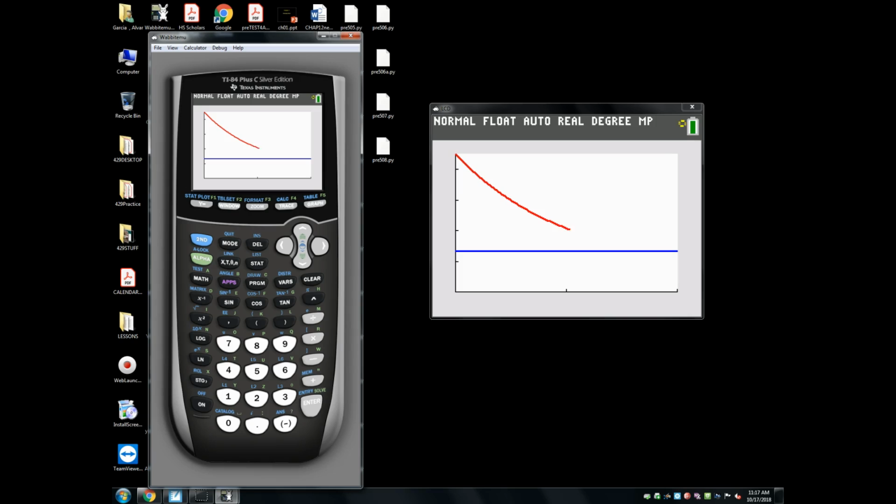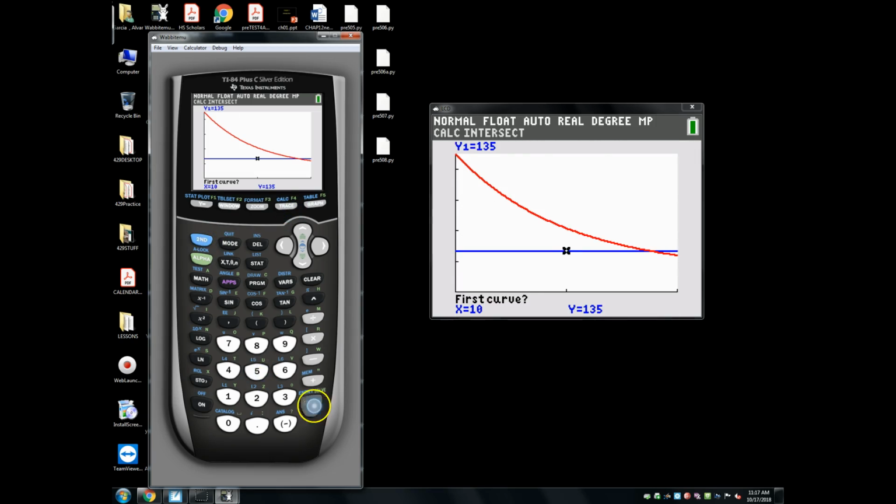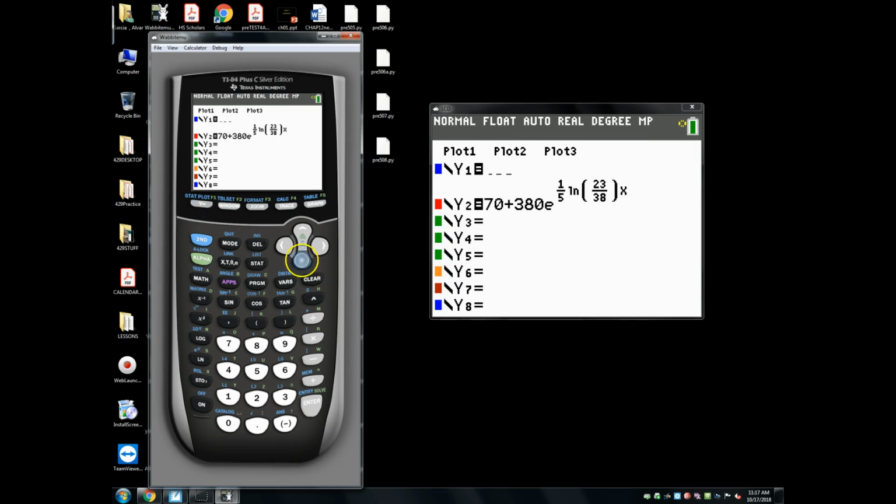It's not an exponential decay, which means it's going to 0. It's going to 70, but I'm trying to say, when does it hit 135? Okay, so intersect, and enter. Yeah, 17.584.